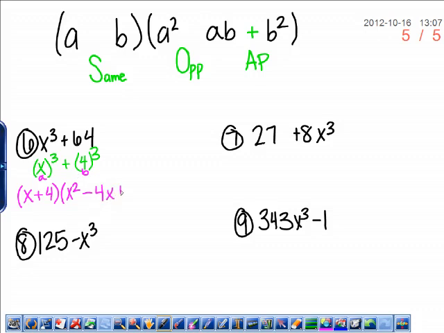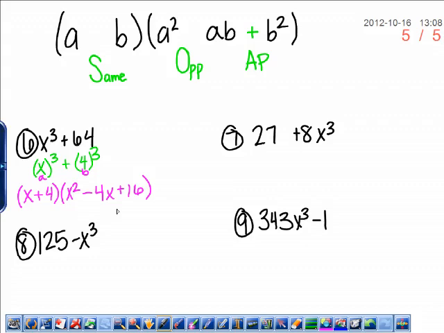Always positive means plus B squared, 16. Questions on where any of that came from? That's your factored form. Yep. Well, sum or difference of cubes is never going to factor further. You're going to stop right there. Okay?